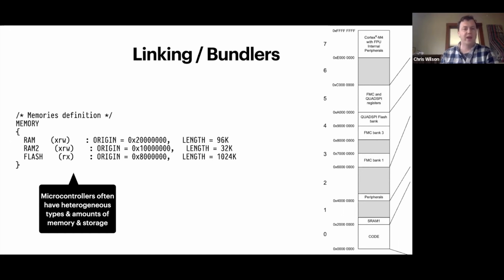You might have all these different chips in different places, and you have to decide where in the memory space you're going to map those things. I felt this was a little like working with a bundler, where you had to choose your modules and link them together in a way where the browser could actually run them.